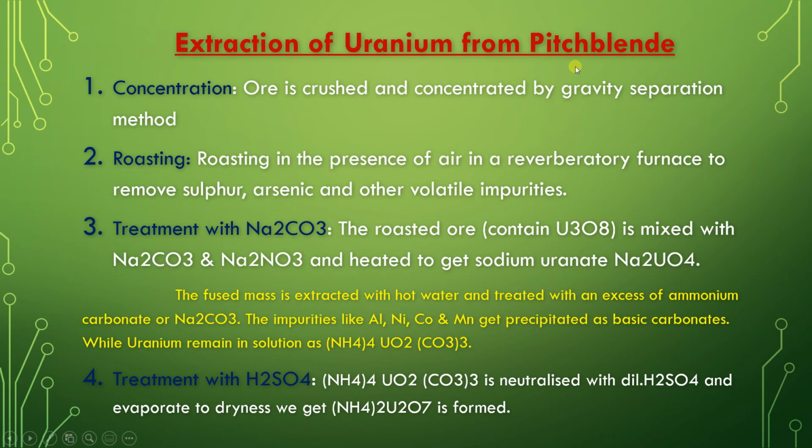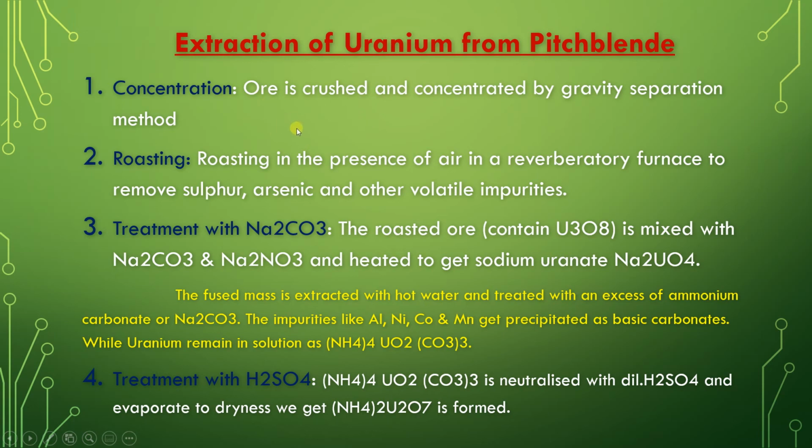It involves several steps, so we are going to study one by one. First one, concentration. The ore is crushed to fine powder, and then we can do the concentration by gravity separation method. As we know, gravity separation method is based on the difference in the density of the minerals.